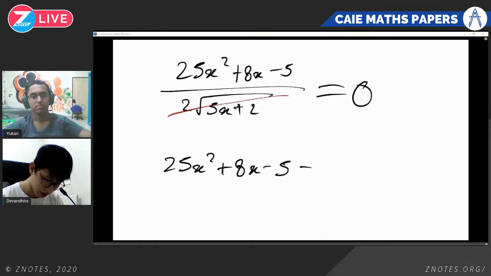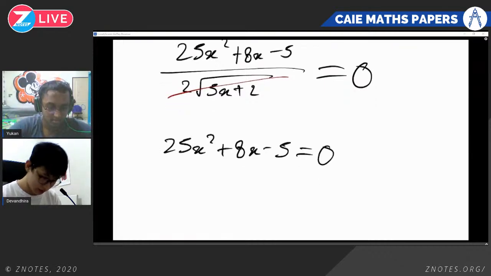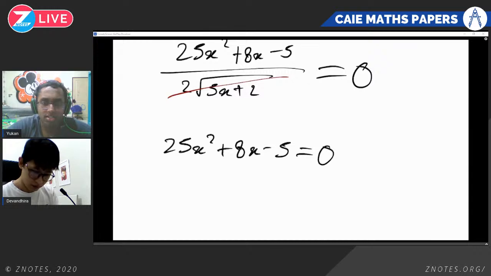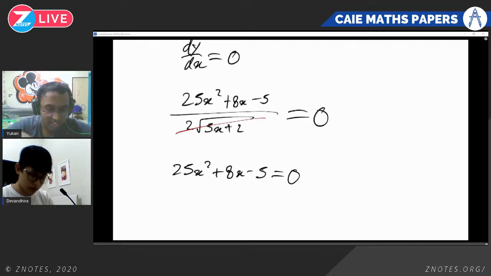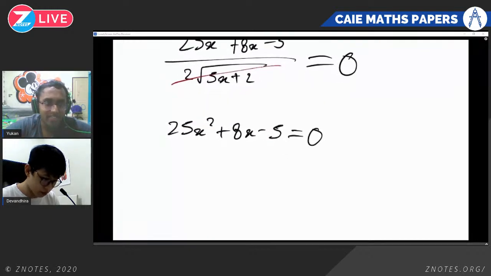Can you use your calculator on this? I can tell you now that you can't factor it. If you're not sure whether your equation is factorable or not, just put it into your calculator. And if you get some wacky value, then of course you'll have to show that you're using the quadratic formula.